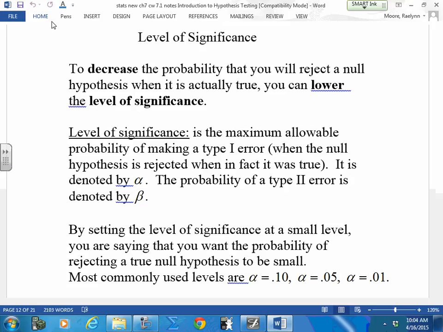If you think back to your normal curve, here's your plus or minus 1. This was 68%. Here's your plus or minus 2. That was 95%, which means your tails add up to 5%. That's where the unusual comes from.